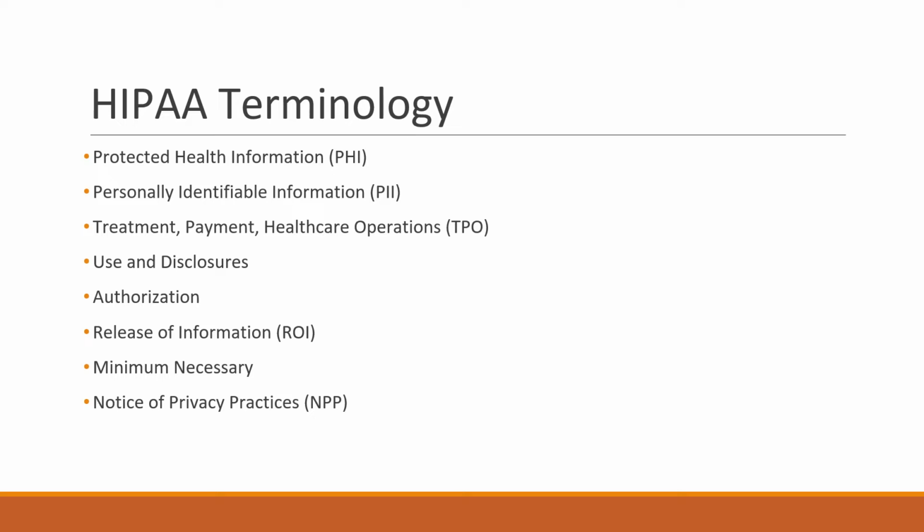Some HIPAA terminology that we will be using throughout our presentation, and terminology you may have heard but don't understand exactly what it means in the healthcare industry. Protected health information, also known as PHI. Personal identifiable information, also known as PII.